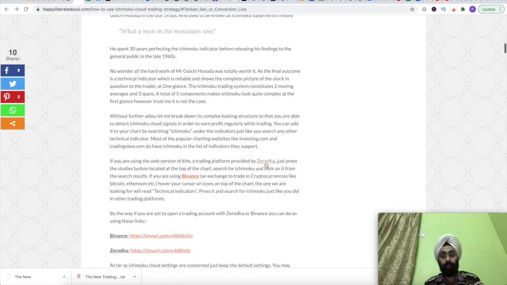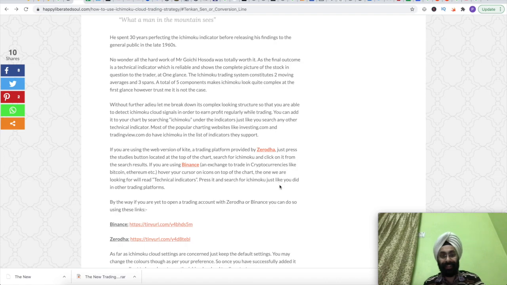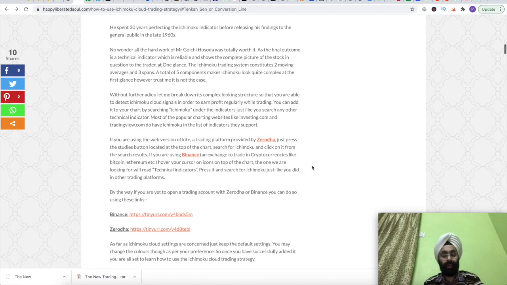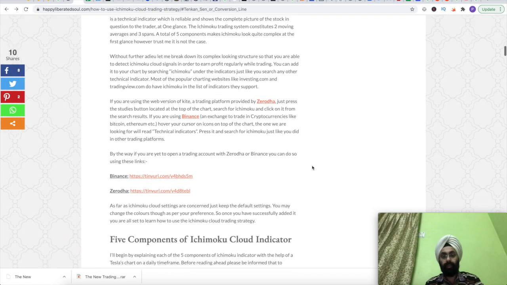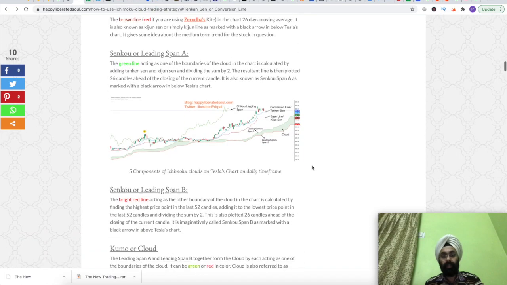So I will try to cover Zerodha and Binance, and tell you how you can add this indicator to your chart, and what the settings for this indicator are, and finally I will explain each and every line in the chart with each and every component of the technical indicator.